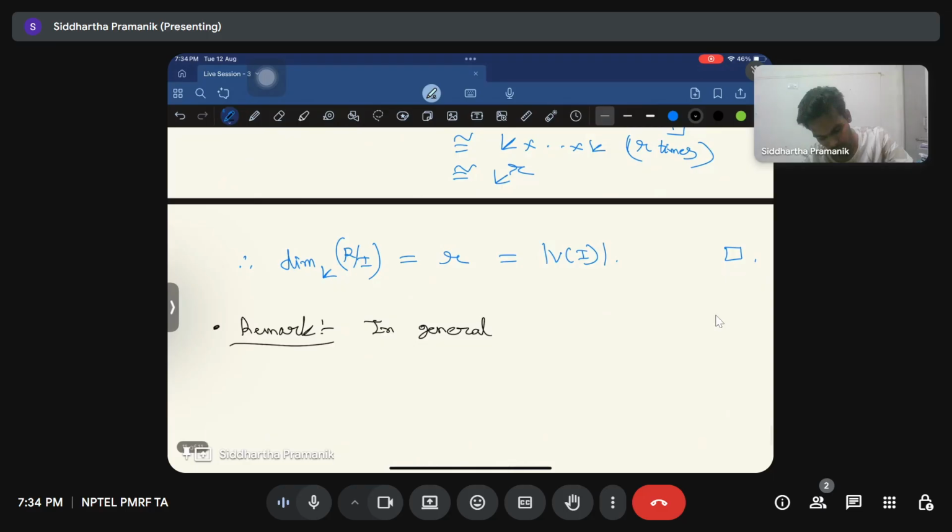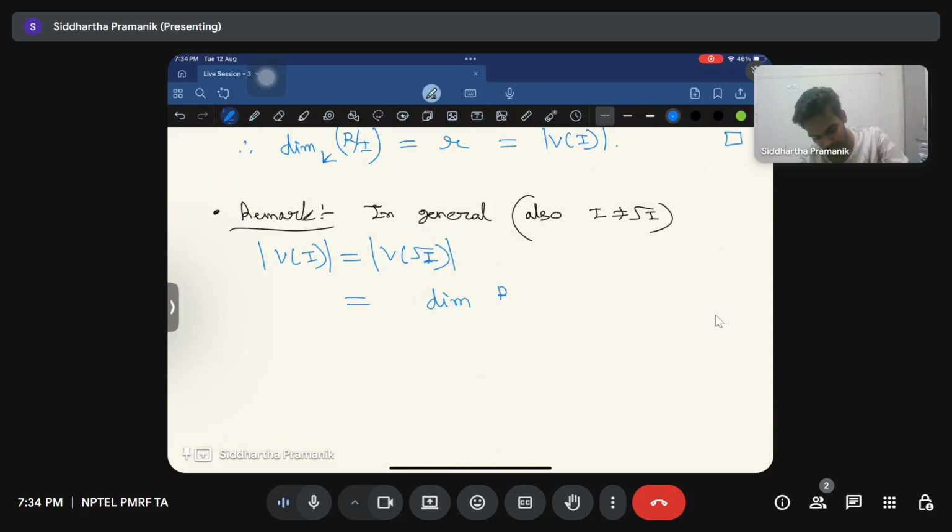we know that V of I equals V of the radical of I. These two varieties are the same, so their cardinalities are also the same. So this implies that the cardinality of the variety of the radical of I is the same as this vector space dimension.